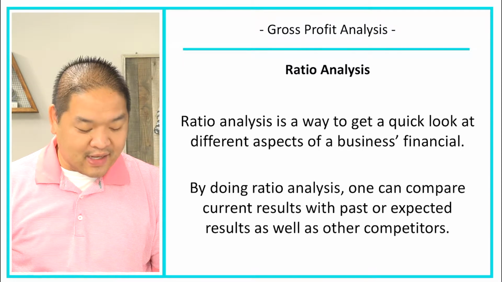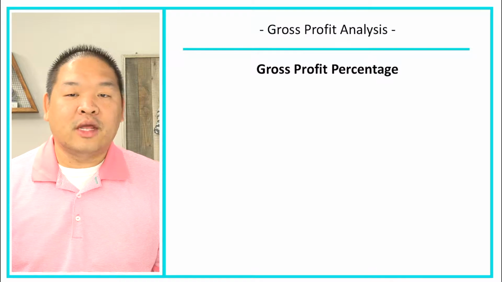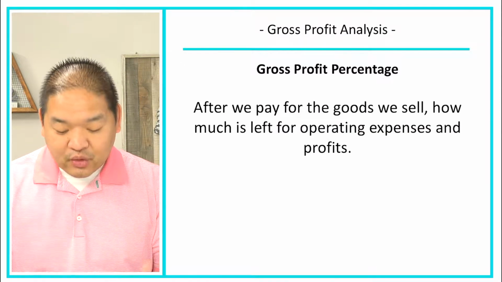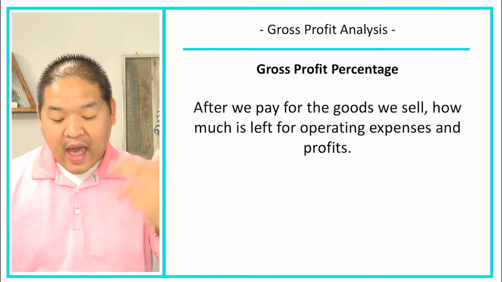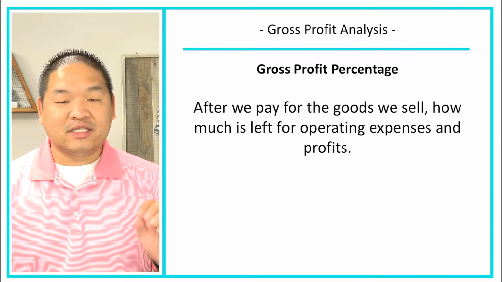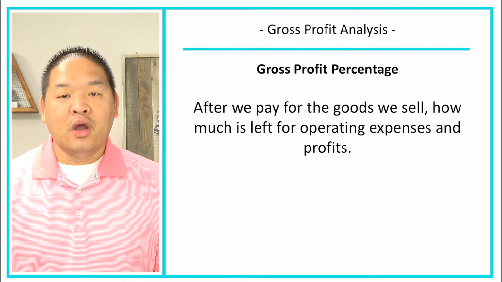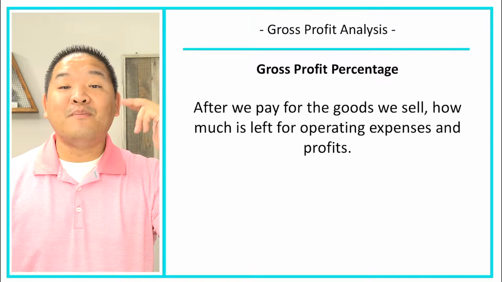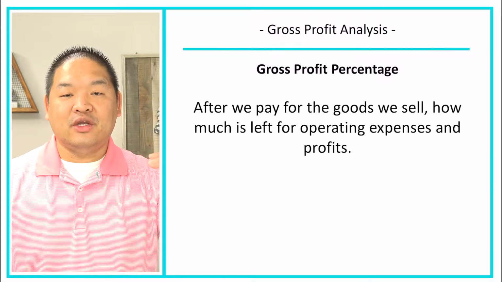We use ratio analysis. So we're going to be looking at the gross profit percentage. The gross profit percentage tells us that after we pay for the goods we sell, how much is left for operating expenses and profit. So remember that revenues minus cost of goods sold equals gross profit.